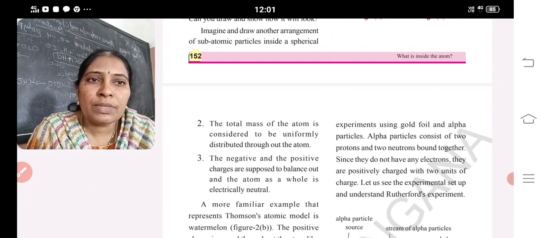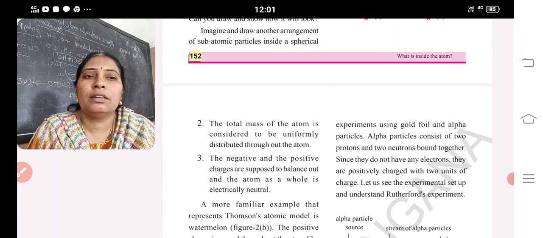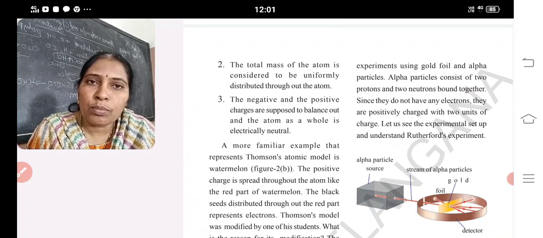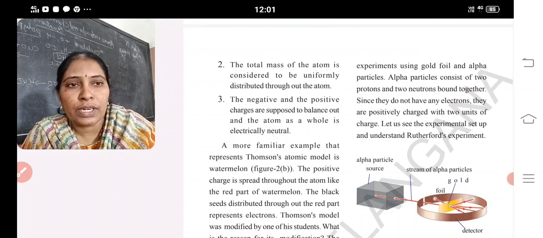The total mass of the atom is considered uniformly distributed through the atom. A more familiar example of the Thomson model is the watermelon model. The positive charge is spread throughout the atom like the red part of the watermelon, and the black seeds distributed throughout the red part represent electrons. The Thomson model was modified by one of his students.